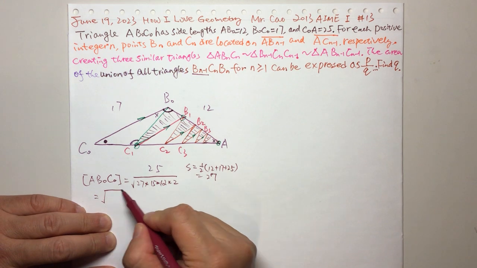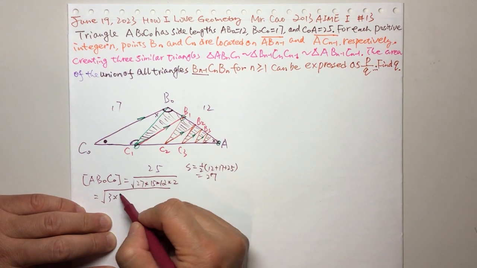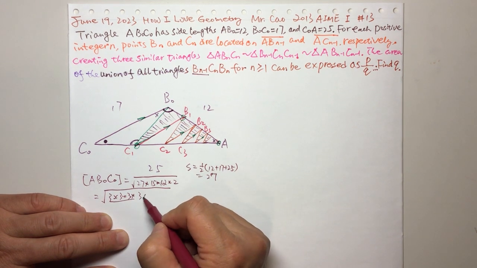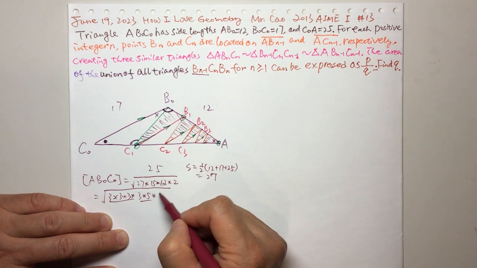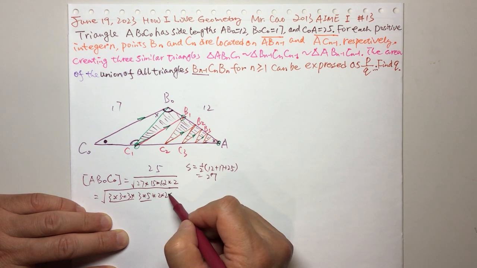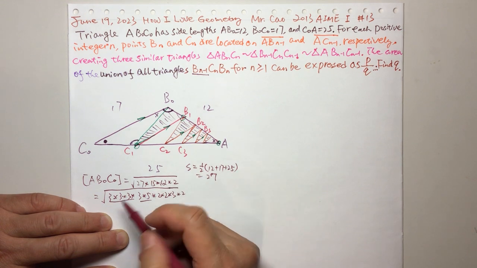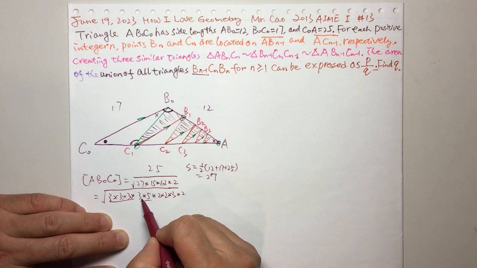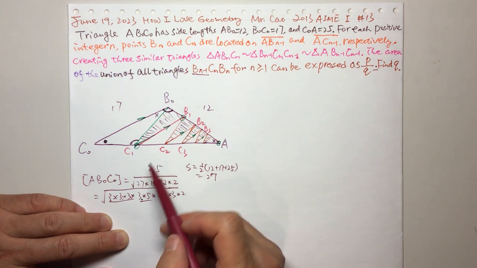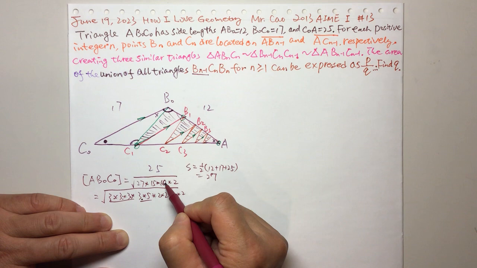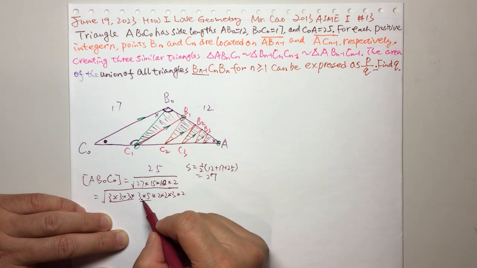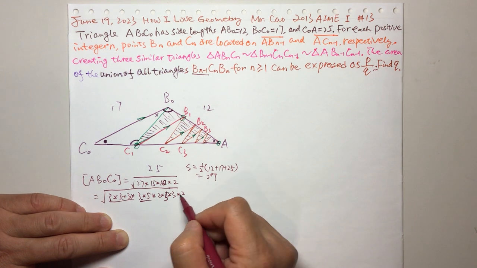And we know this is 3 times 3 times 3, that's 27, and 15 is 3 times 5, times 10 is 2 times 5, then times 2.